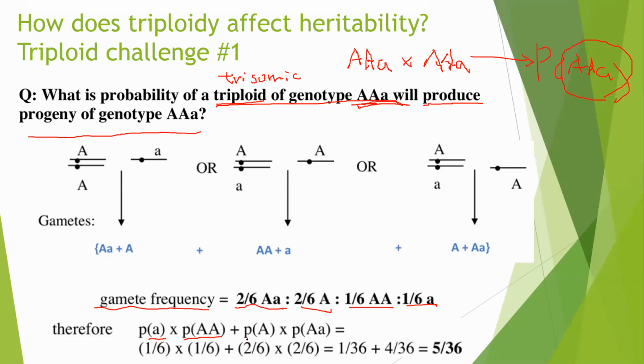Or there's another option: the first parent contributes a gamete with a capital A, and the other parent contributes a gamete with this, then you're going to end up with this genotype, right? So we need to use this formula to calculate the probability. That's the final answer. This will be a very perfect example for the final exam.